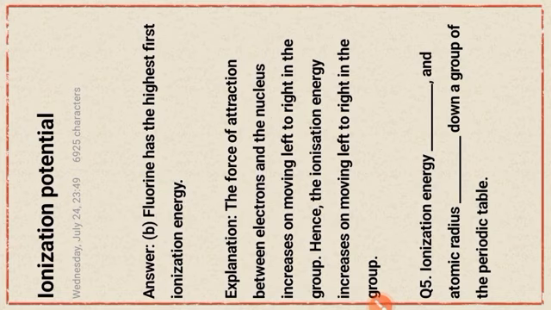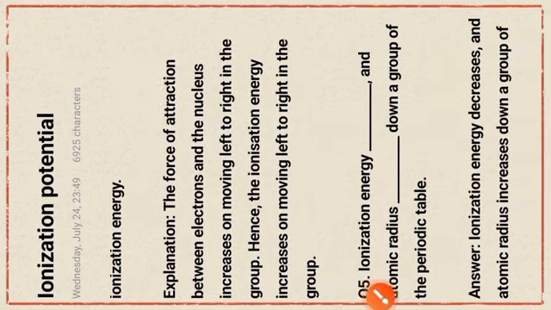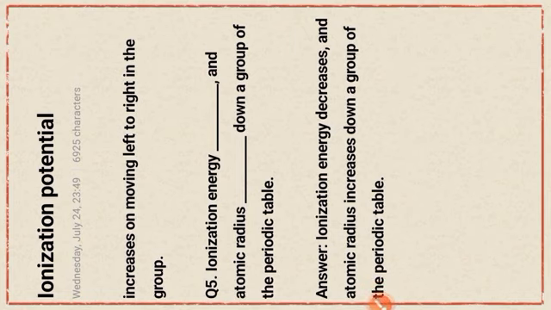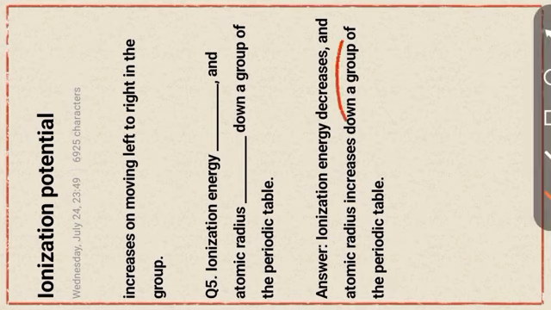Hence, the ionization energy increases on moving left to right. Next question. Ionization energy dash and ionic radius dash down the group of the periodic table. Ionization energy decreases and the ionic radius increases down the group of the periodic table.